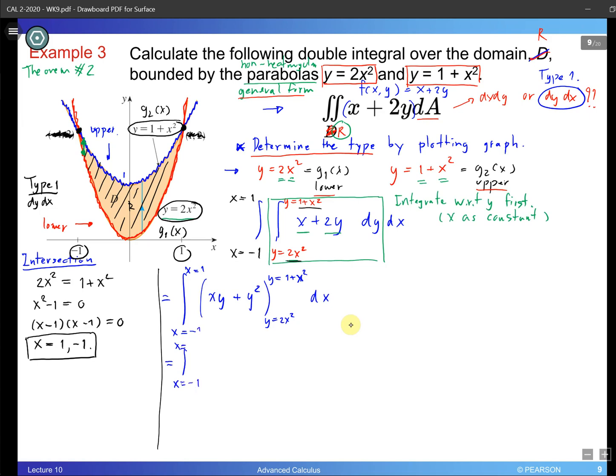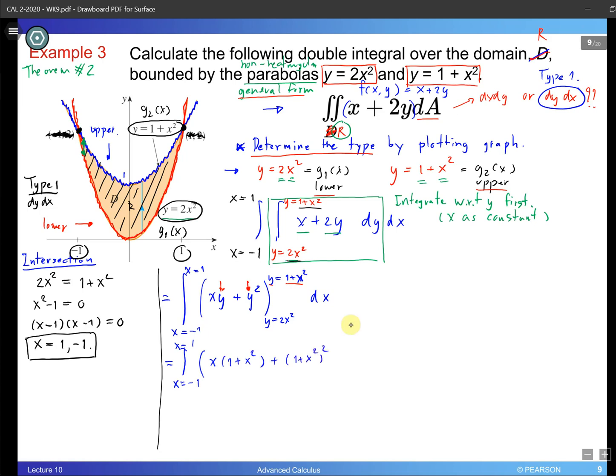Okay, so inside this, we have x times (1 plus x squared). And this 1 plus x squared is going to go into this y right here because this is equal to y, right? So it's going to be plus (1 plus x squared) squared.